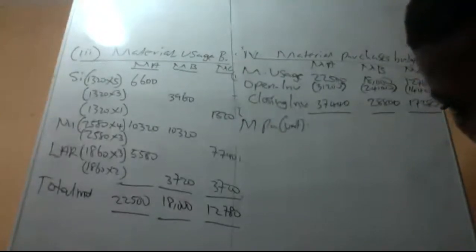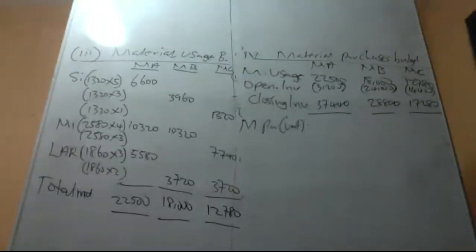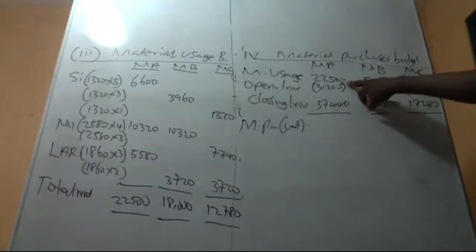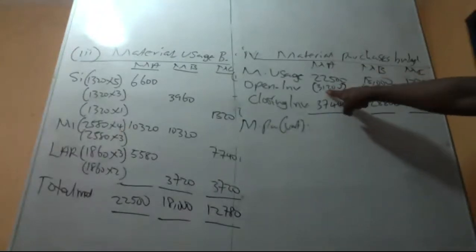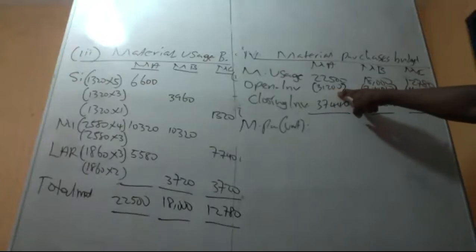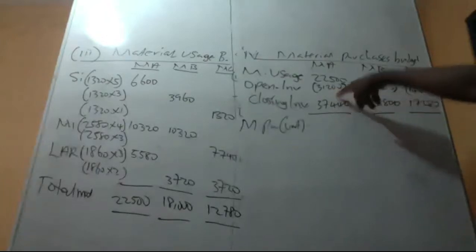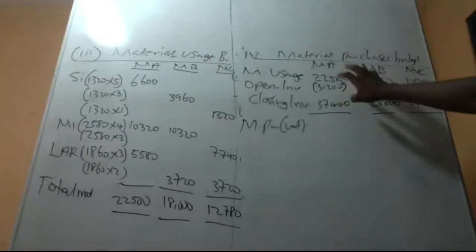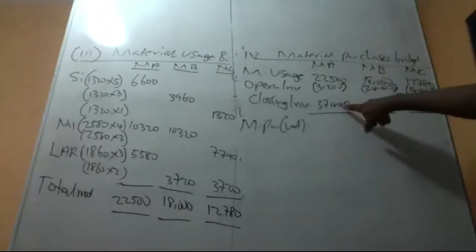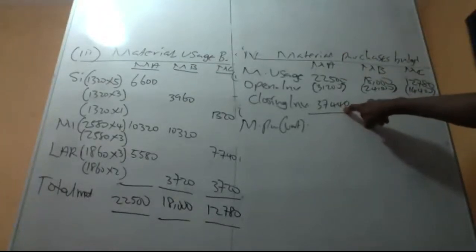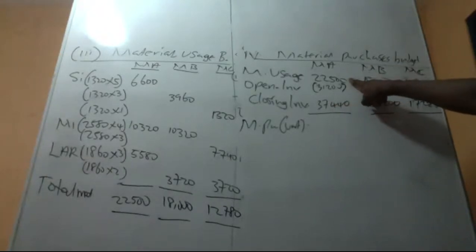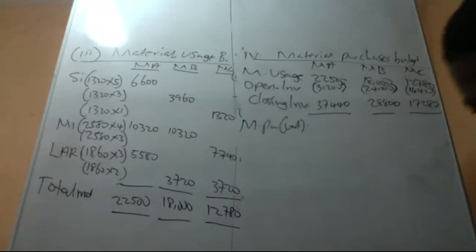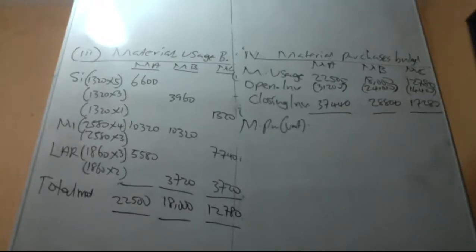Good. So now the material usage is 22,500. We already have 31,200 there, open inventory, we won't buy it. So we less it from whatever we are going to buy so that we can buy the remaining. But we have to leave 37,440. So that, we have to buy it. So we add it to it. So what will be the answer? Any answer for me?